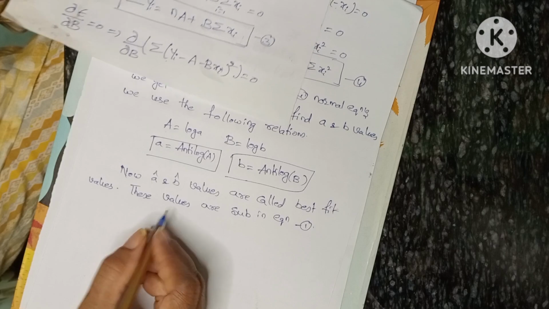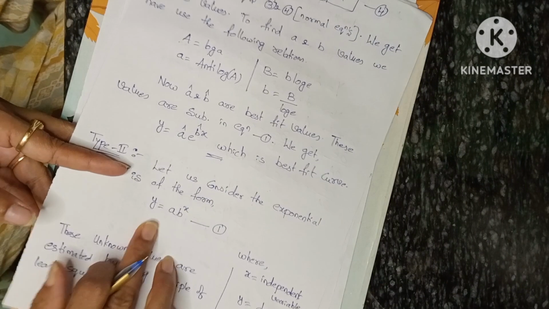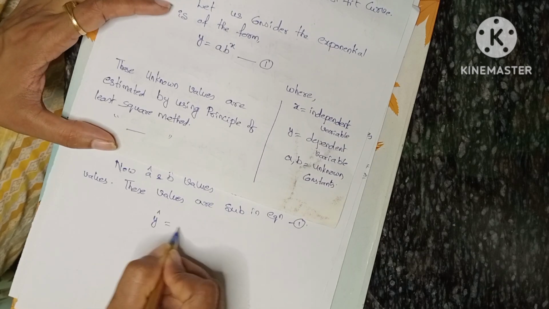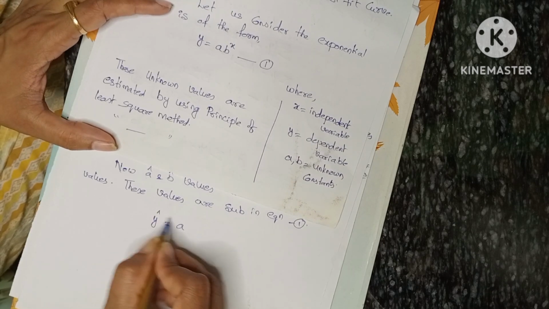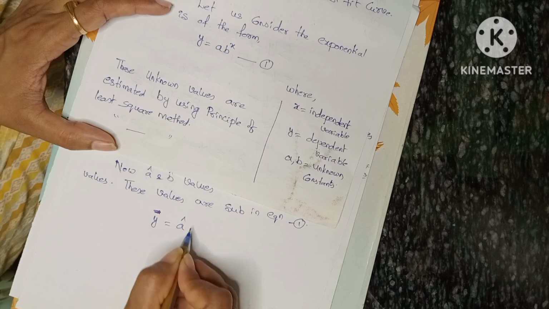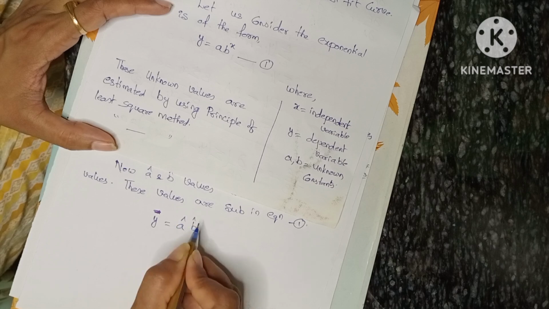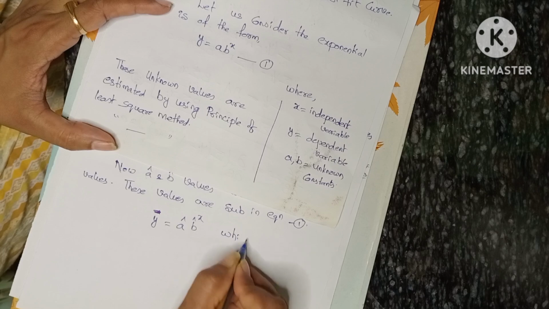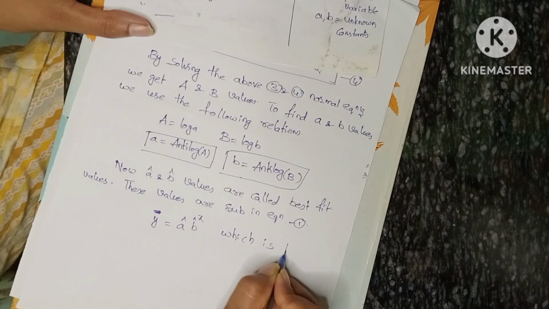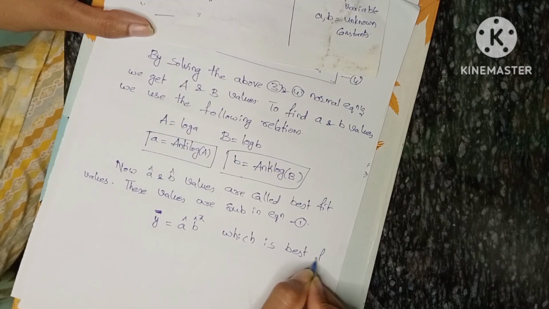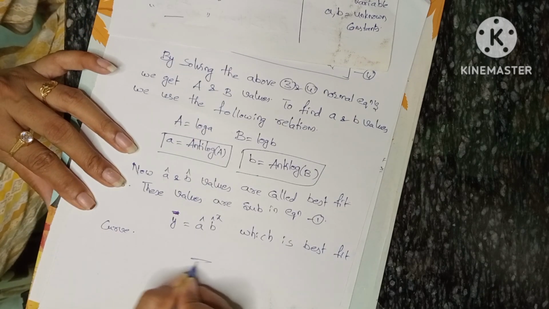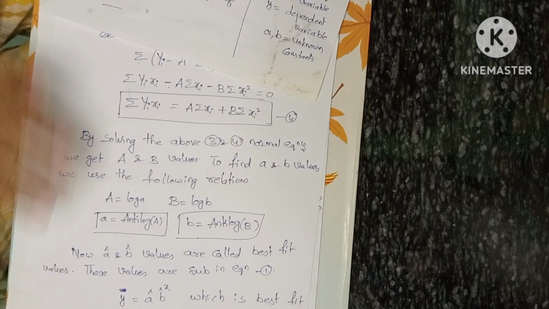What is equation 1? y equals a b power x. So y cap equals a cap b cap to the power x, which is the best fit curve. We call it the best fit curve. Okay. So hope you all understand.